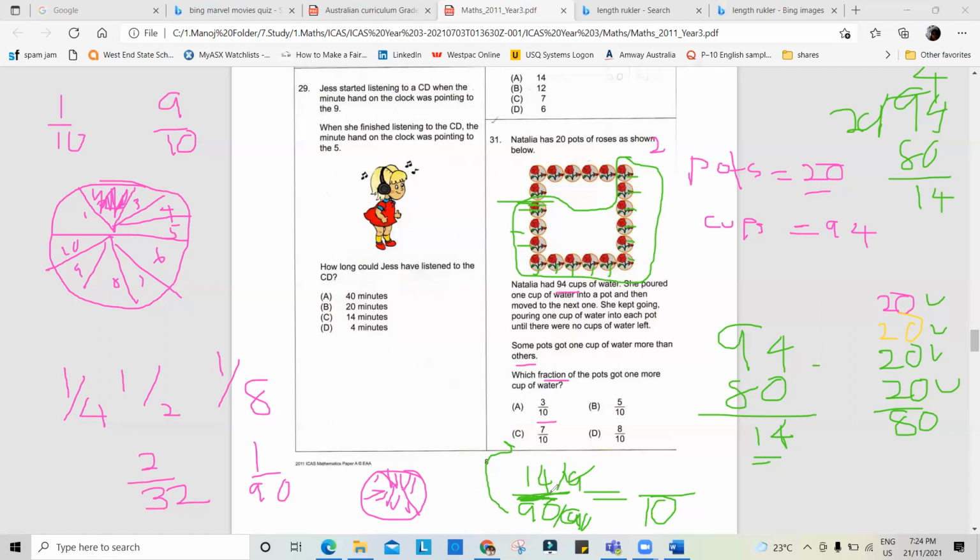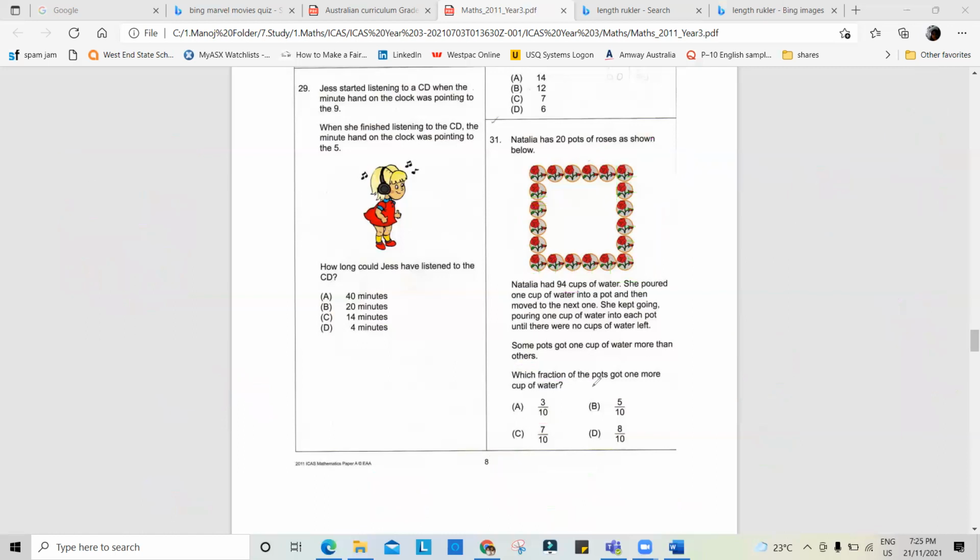Before that, I think this one I have to make it correct. This one not 14 because we went 14 cups. Natalia has 20 pots. Sorry, 20. Okay, now I clear it.